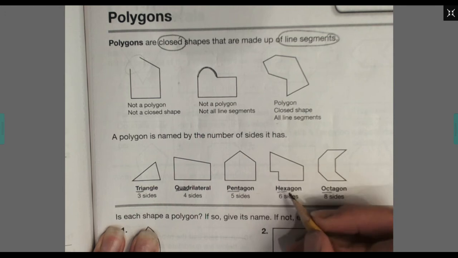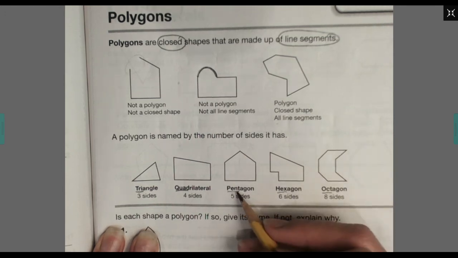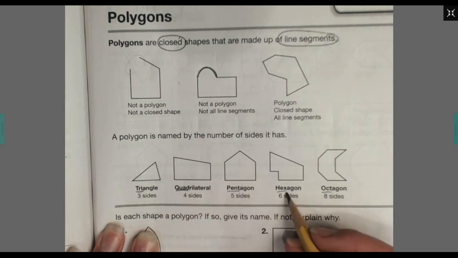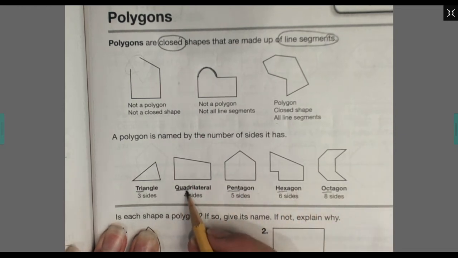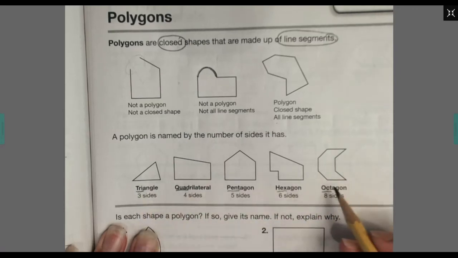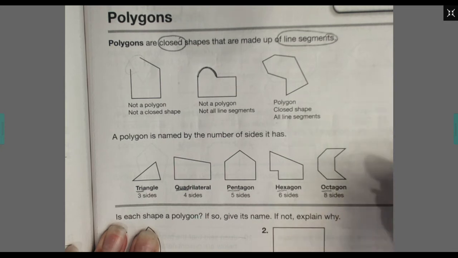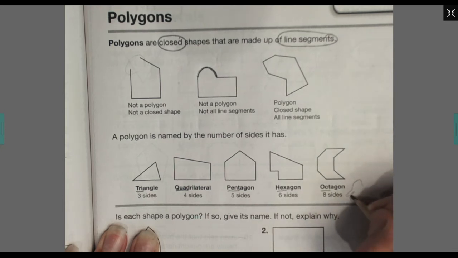Now, I can almost guarantee you that in Latin or Greek, pent and hex mean 5 and 6, just like quad means 4, tri means 3, and oct means 8. We're all pretty familiar with oct meaning 8, like a little octopus, right?